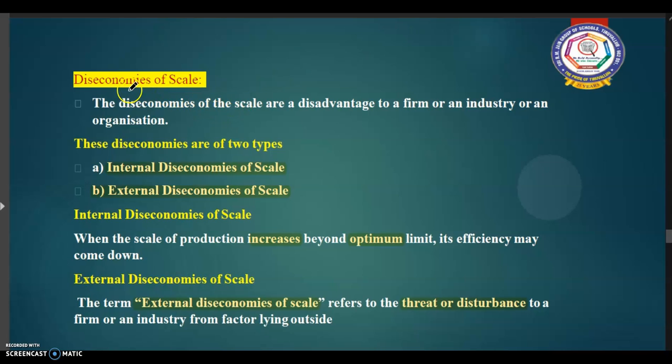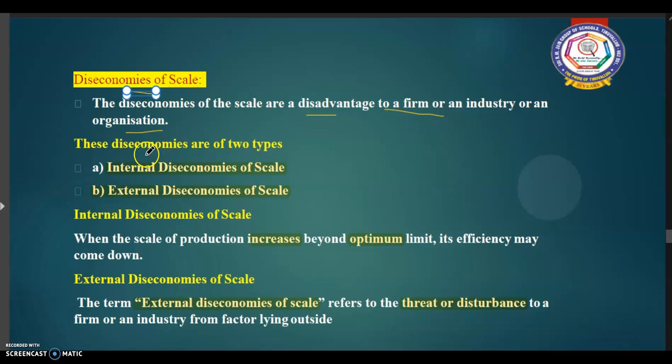Now, diseconomies of scale. The diseconomies of scale are a disadvantage to a firm or an industry or an organization. This increases the cost of production of a commodity or service. It delays the speed of the supply of the product to the market.